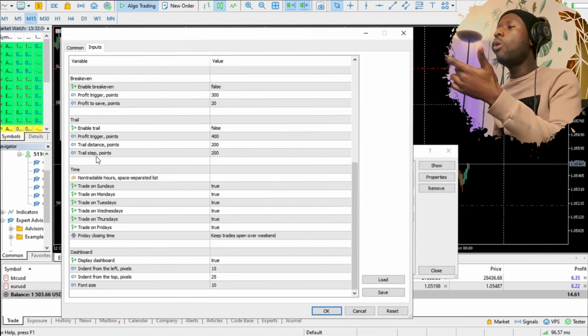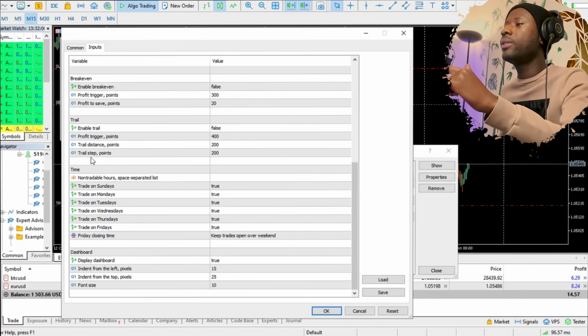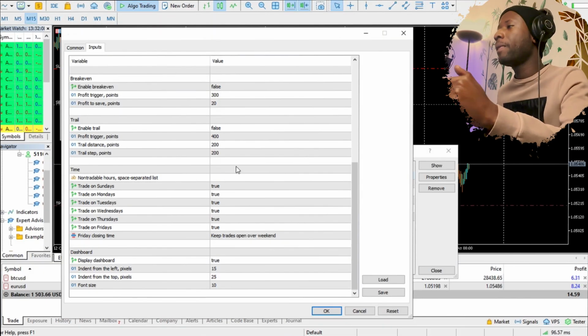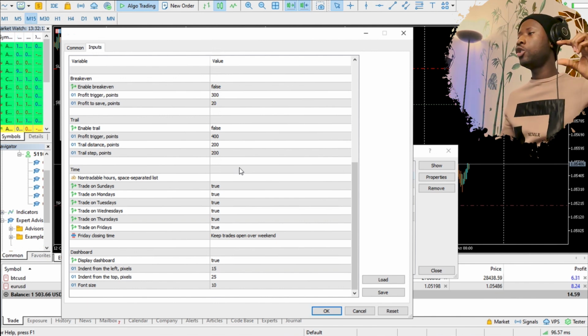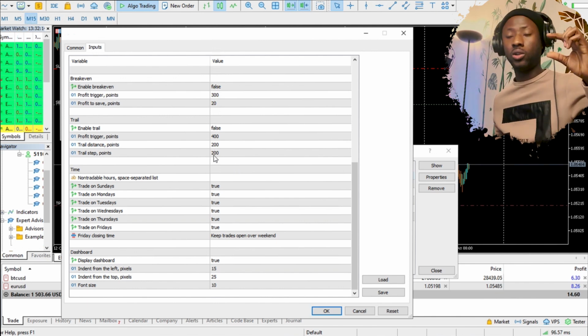Now, what is the trail step important for? You are telling the robot that now I have it at 200 points. When at 400 points you trigger, bring my stop loss to 200 points below.